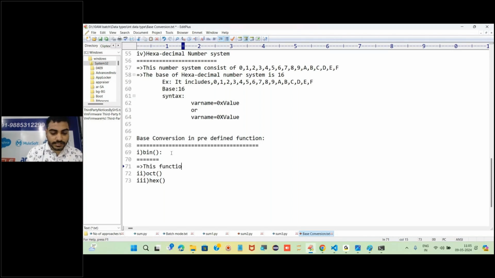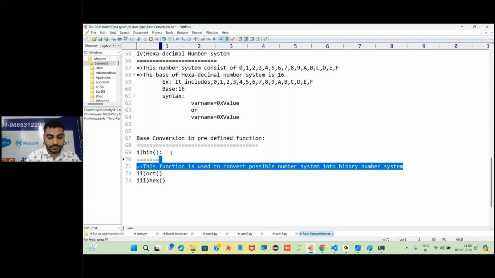This function is used to convert any possible number system into binary number system. Okay, are you getting it? Yes or no? So copy this.